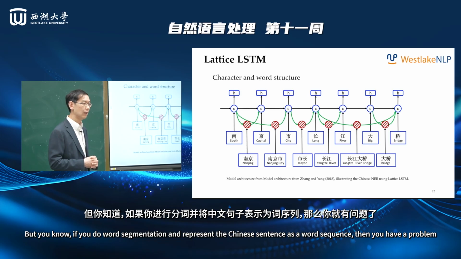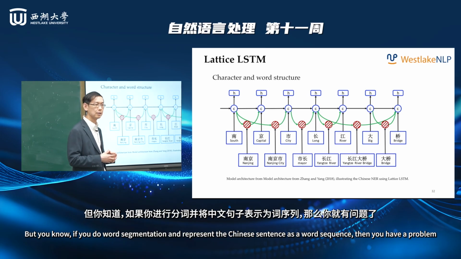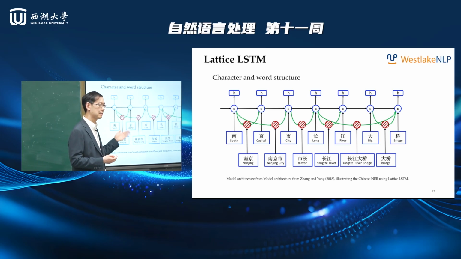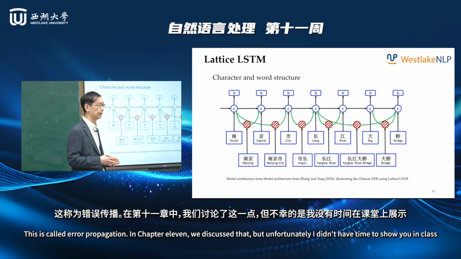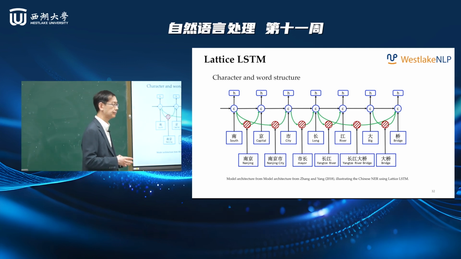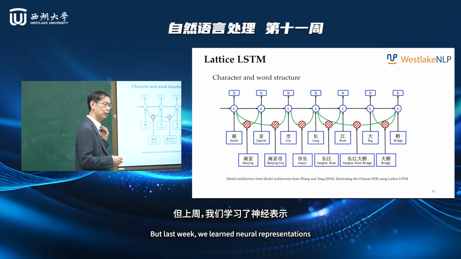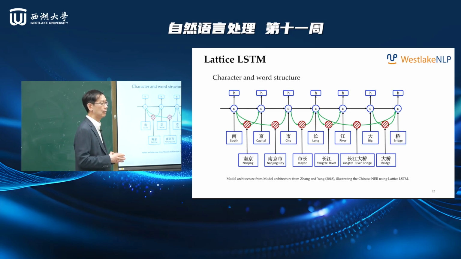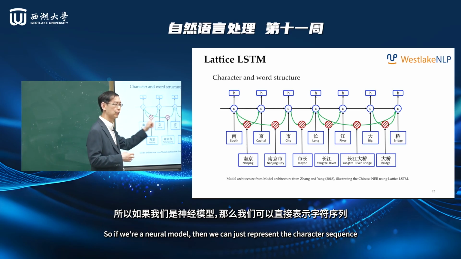But, you know, if you do word segmentation and represent the Chinese sentence as a word sequence, then you have a problem. If your segmenter makes errors, then your representation will suffer from incorrect words. This is called error propagation. In chapter 11, we discussed that, but unfortunately, I didn't have time to show you in class. But last week, we learned neural representations, right? So with a neural model, we can just represent the character sequence.